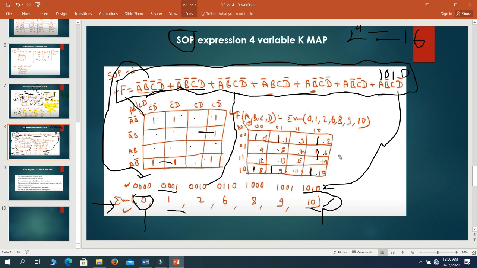Okay, next up, what we will be doing is trying to group together. Now that we have filled different cells with values of 1, next up is to group them together. Grouping is an important part of solving our K-map. Once the grouping is done, we will try to minimize the expression. Our final task is to minimize the given expression.